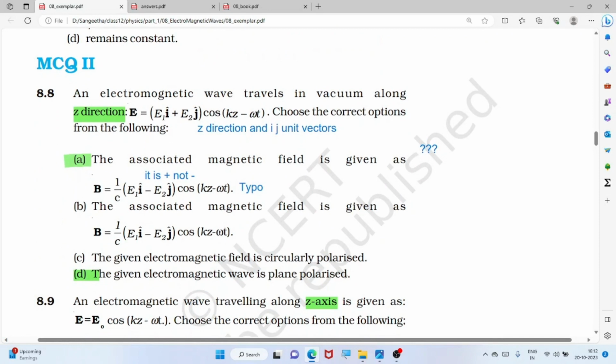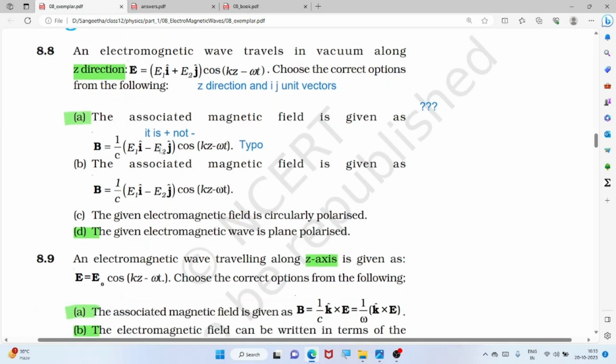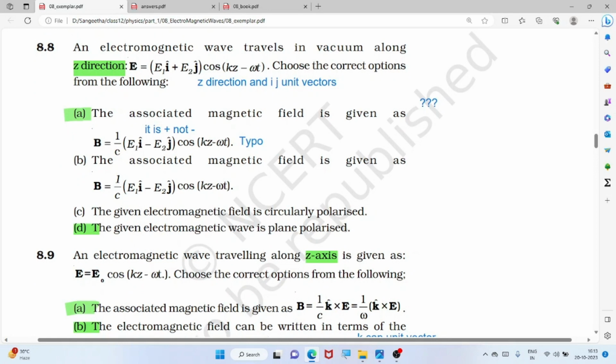An electromagnetic wave travels in the vacuum in the Z direction. Choose the correct options. i, j, k are unit vectors. Okay, the associated magnetic field. There is a relation between the electric field component and the magnetic field component, using the speed of light.